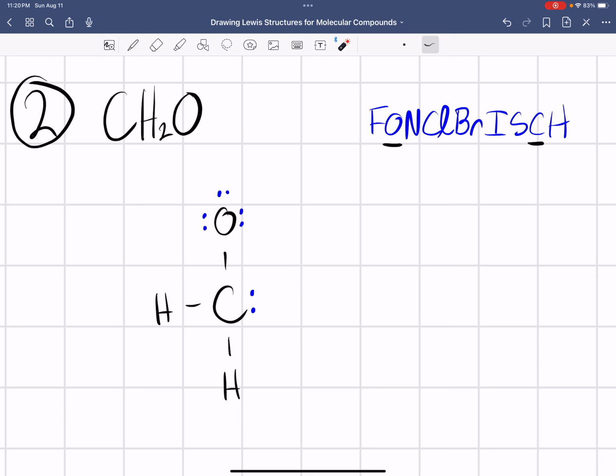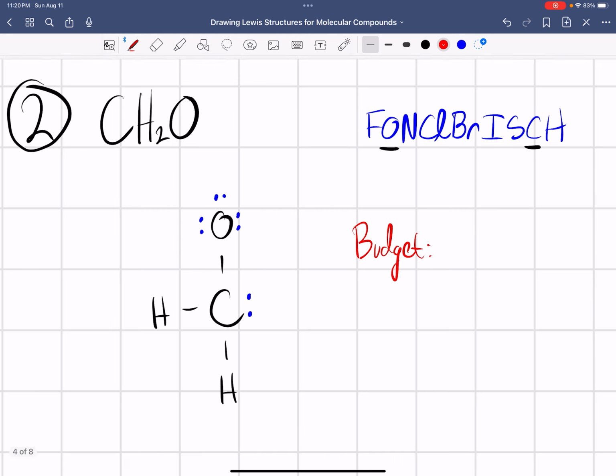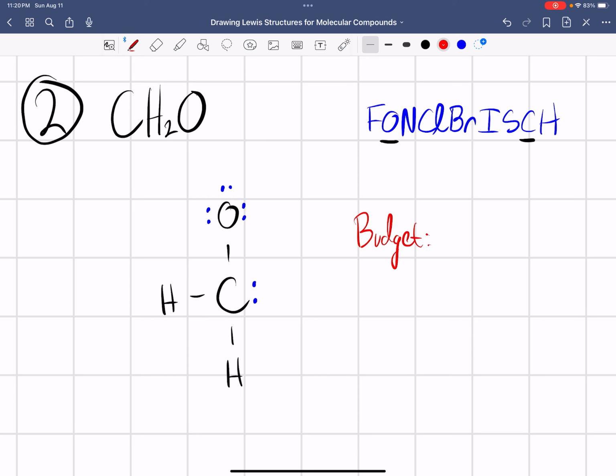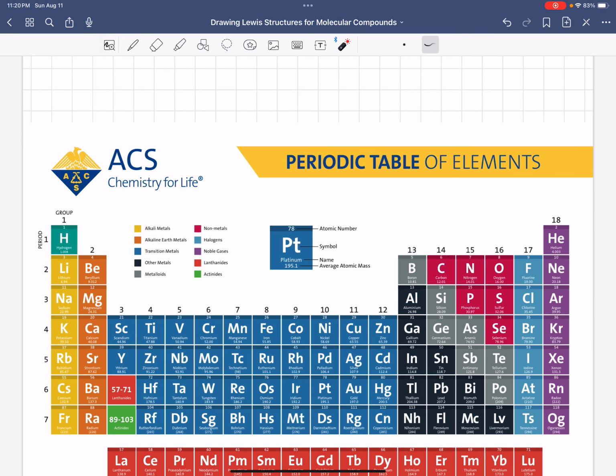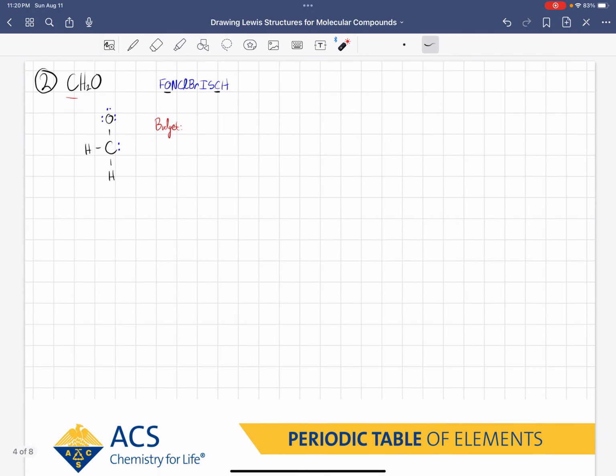So now we'll calculate our budget. So for the budget, we just add up the total valence electrons. So carbon, we have 1 carbon, and carbon has 1, 2, 3, 4 valence electrons.